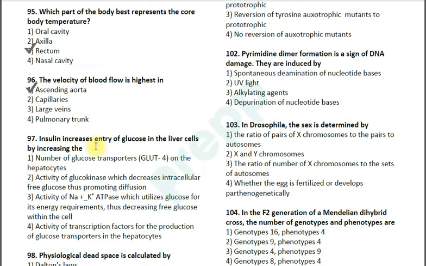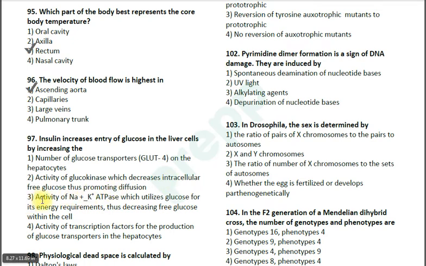Question number 97. Insulin increases entry of glucose in the liver cells by: number 1, increasing the number of glucose transporters GLUT4 on the hepatocytes. Statement 2 is activity of glucokinase, which decreases intracellular free glucose, thus promoting diffusion.